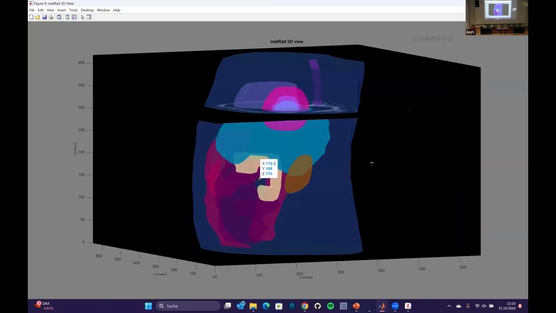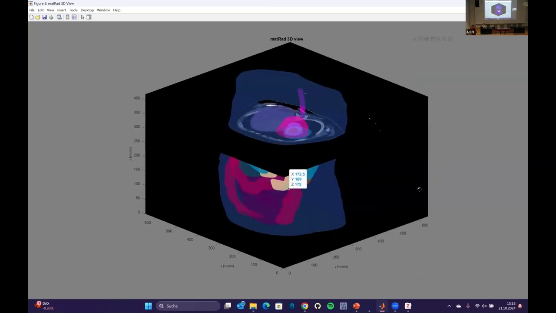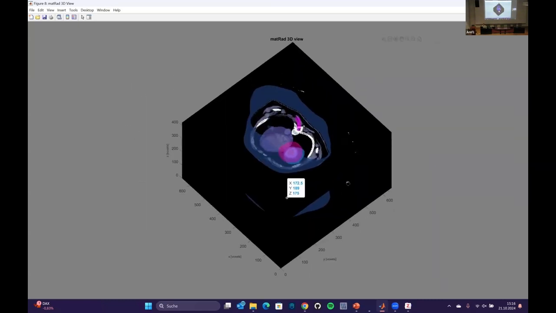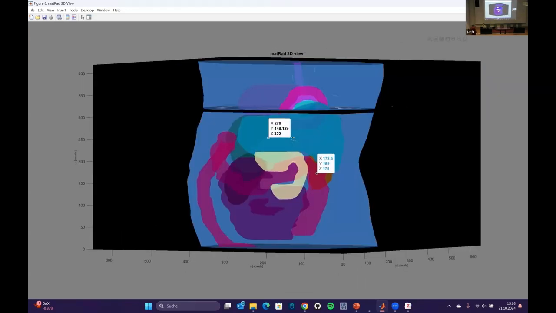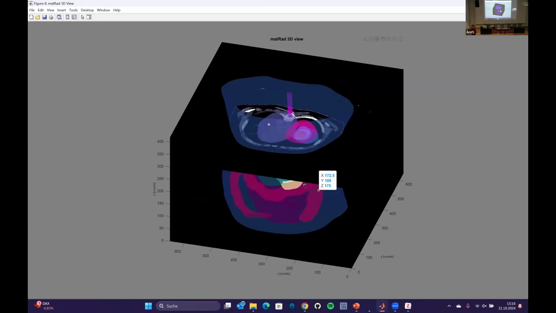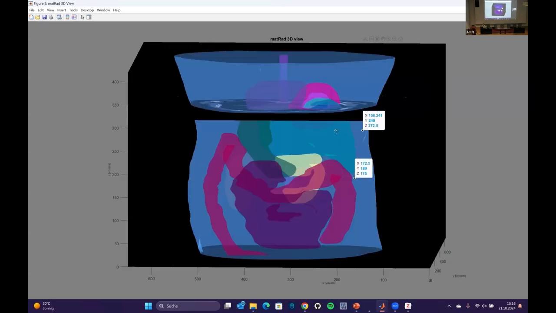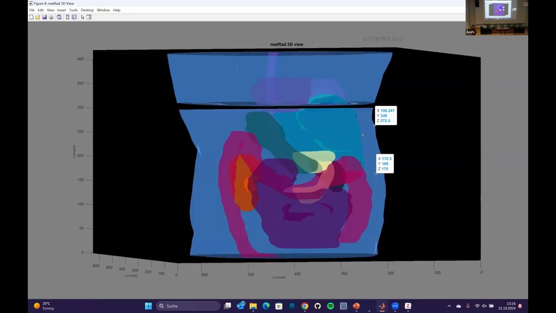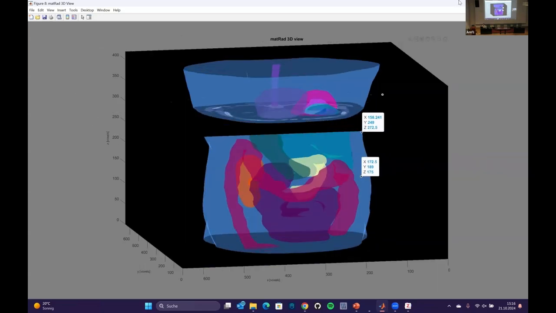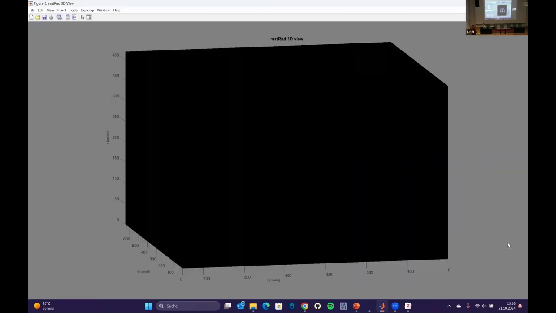So you see there's a lot of volumes in here. You can always look at where they are on the CT. So you see here at some point, this seems to be the liver as well. Then you have the heart directly next, because the heart lies a little bit above the liver, right? It touches parts, at least regarding distance. And you can just scroll here through the structures.